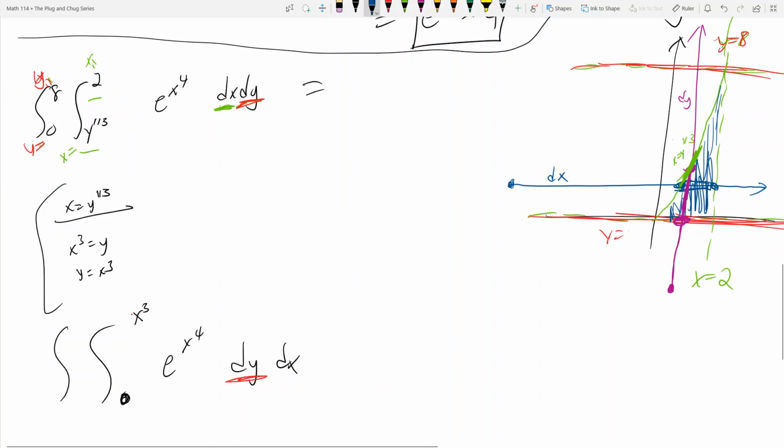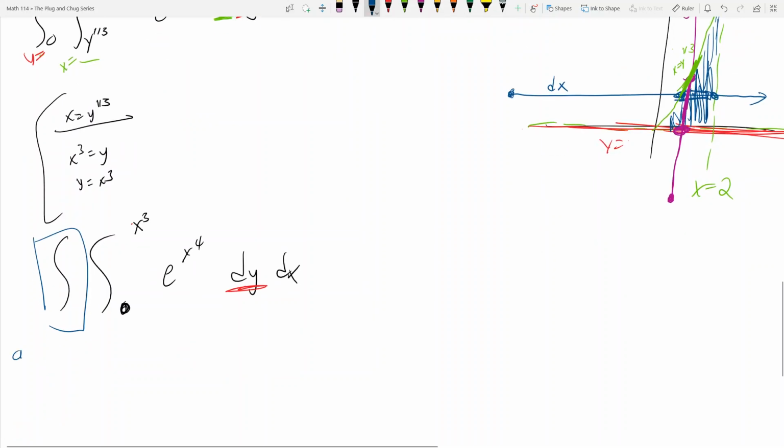Another very important thing to remember is that the integral on the outside always has constant bounds.